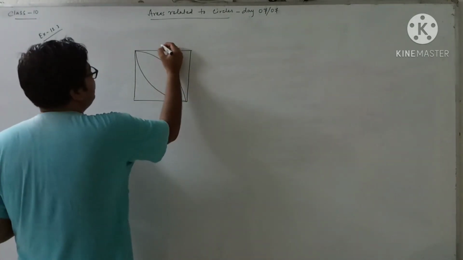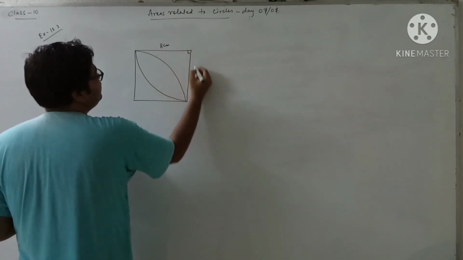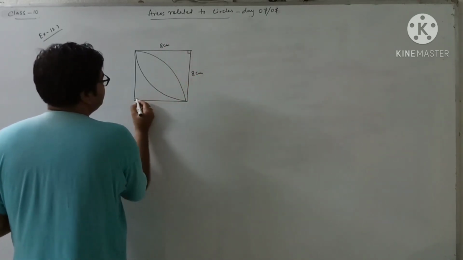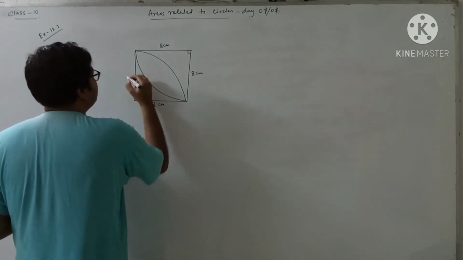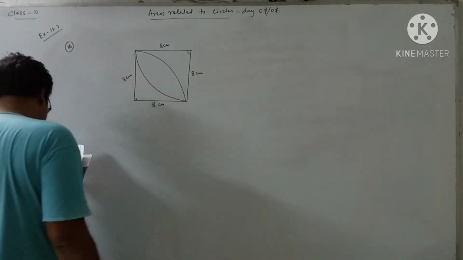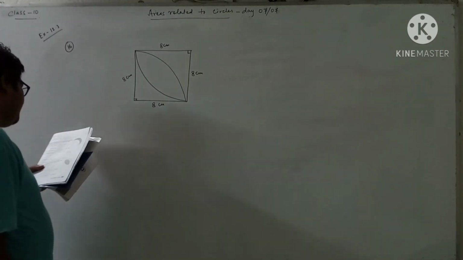This is actually a square. Each angle is 90 degrees, as given. Two quadrants of a circle are there.